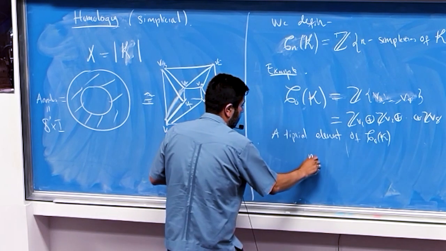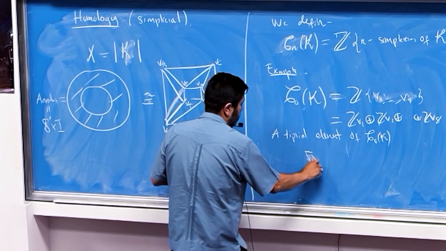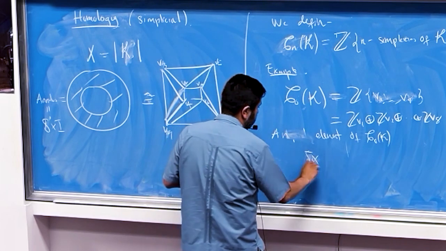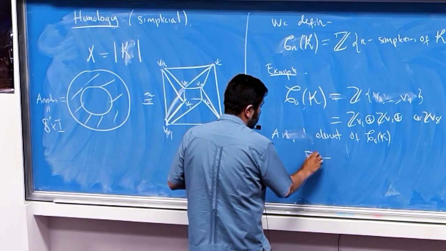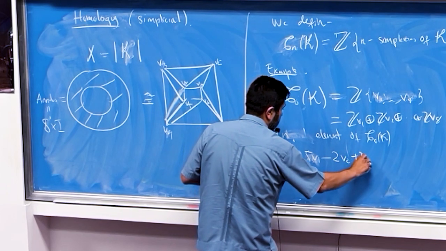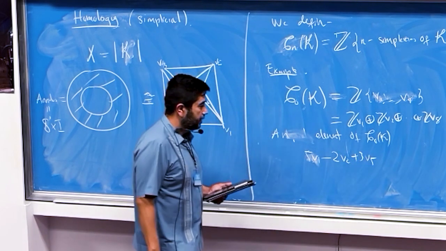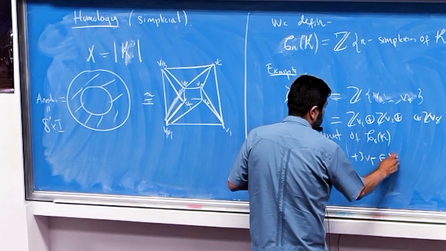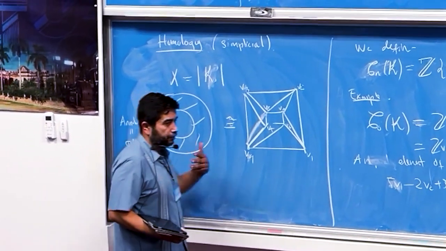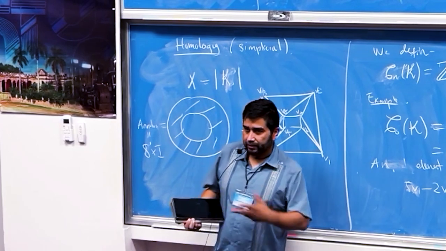So for example, an element of C0 looks like 5V1 minus 2V2 plus 3V5, right? This is an element of C0 of K. It's just formal sums and products, nothing more.